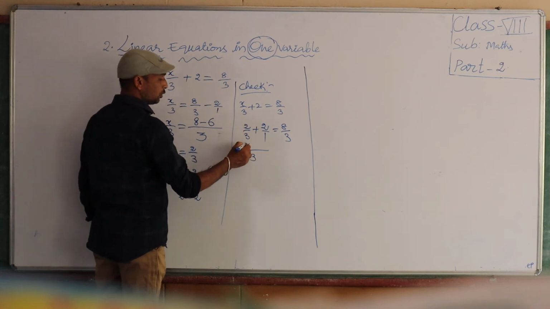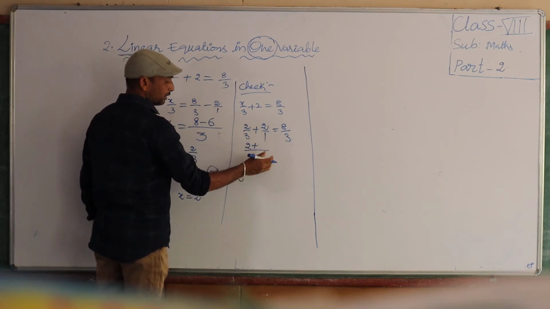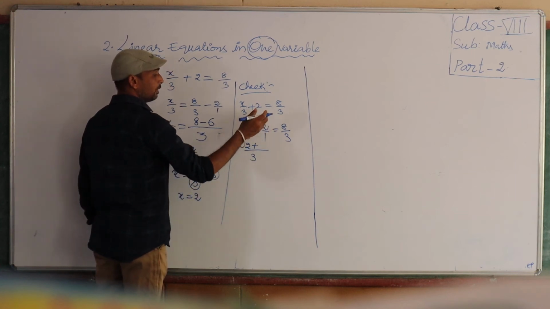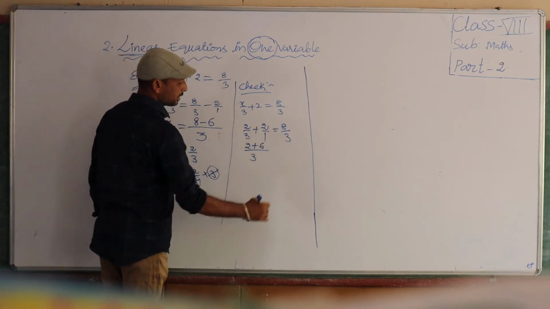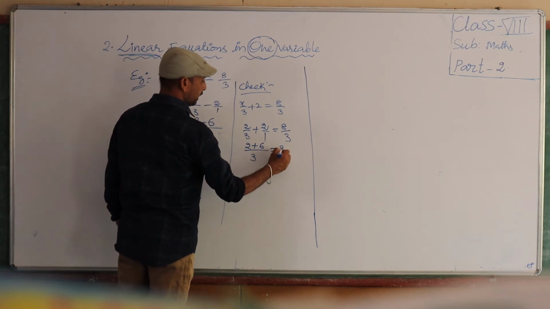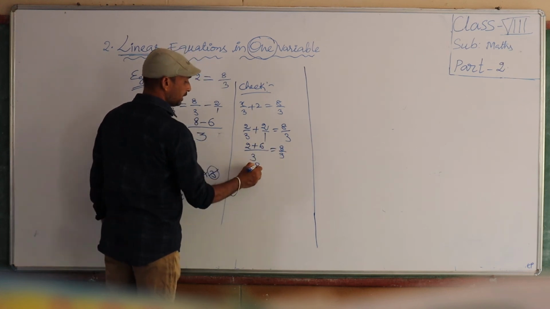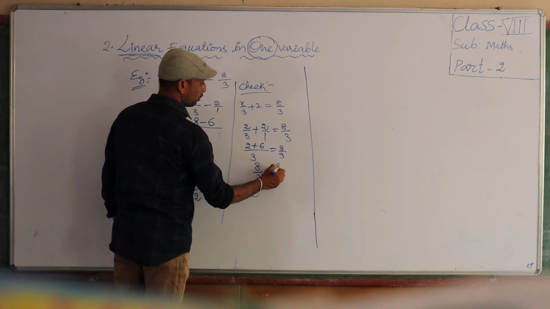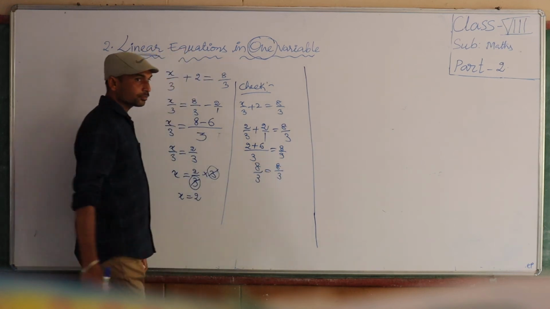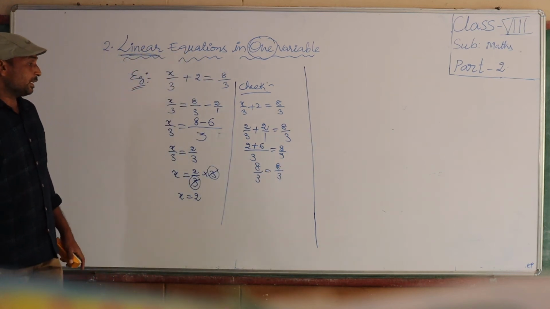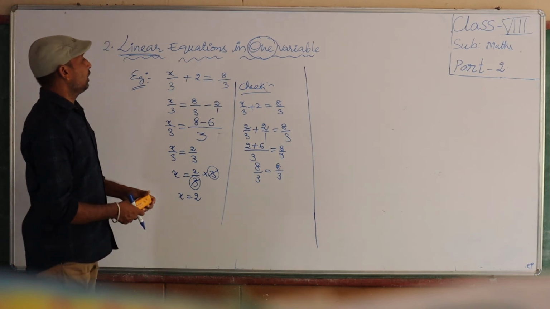Again 1 2 is 2, with 1 3 is 3. Again with 3 we should multiply, 3 2s are 6. That is equal to 8 by 3. 2 plus 6 is 8. 8 by 3 is equal to 8 by 3.